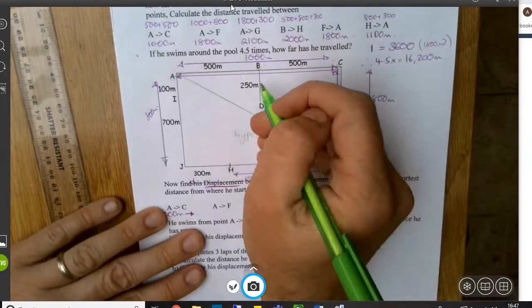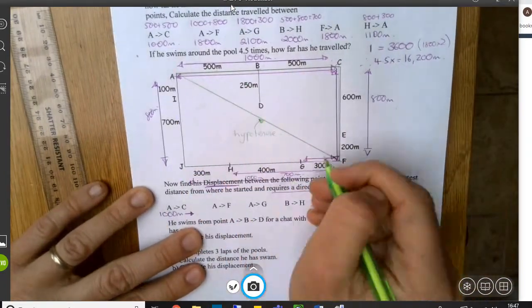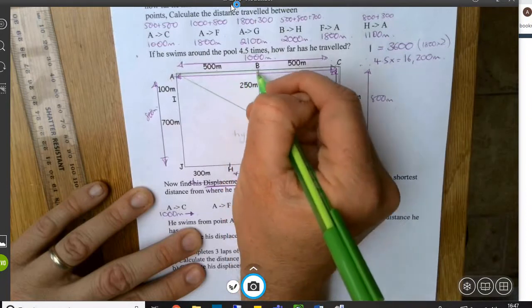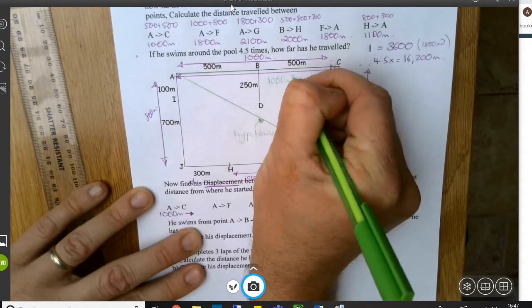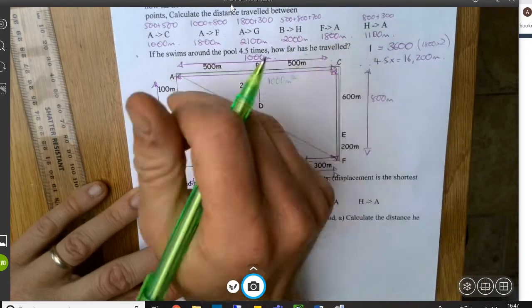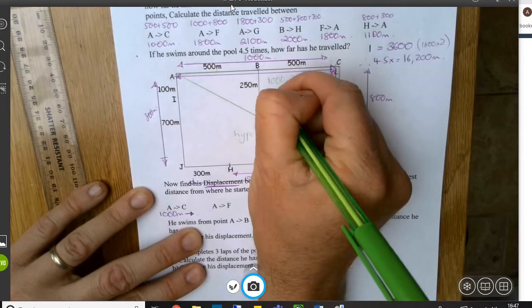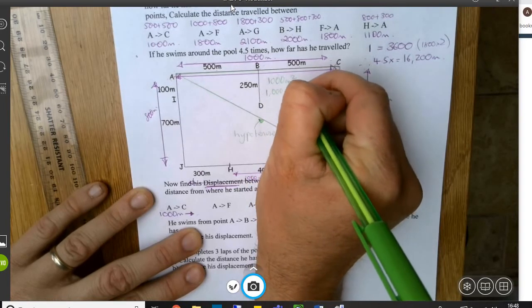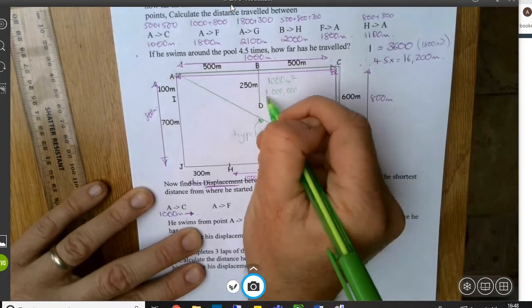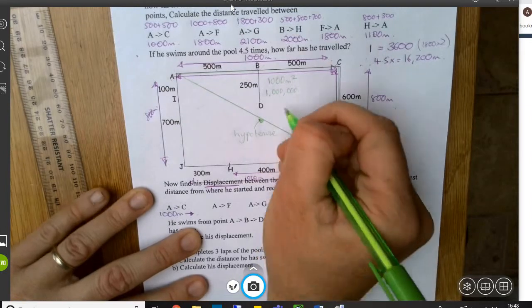We know that A to C along here is 1000 meters, but we're going to want to square that. 1000 meters squared is 1,000,000.